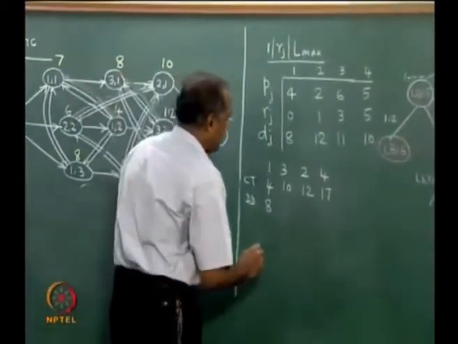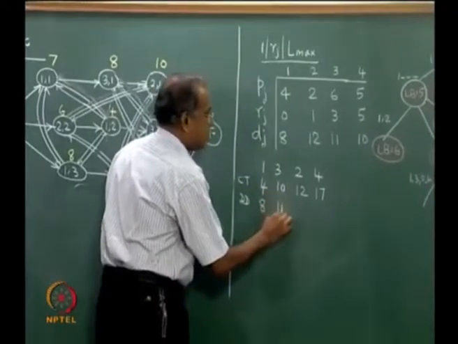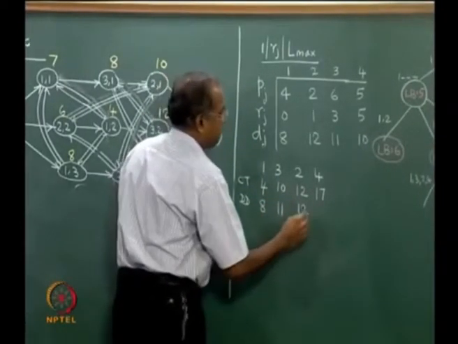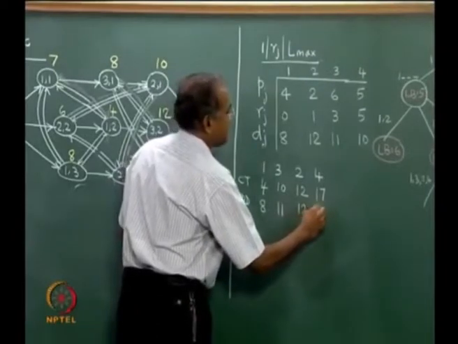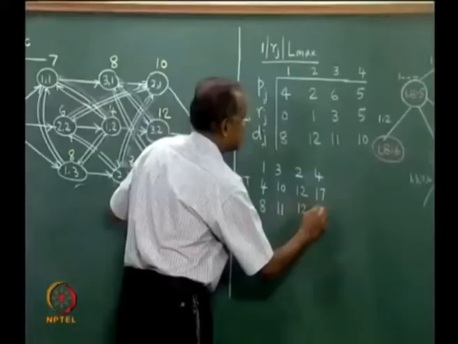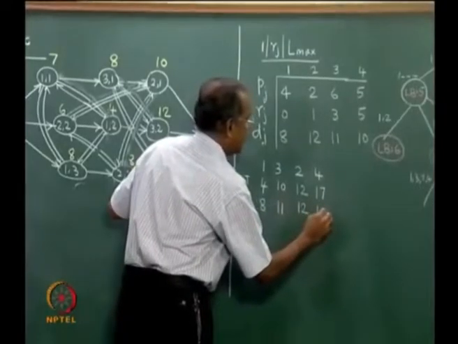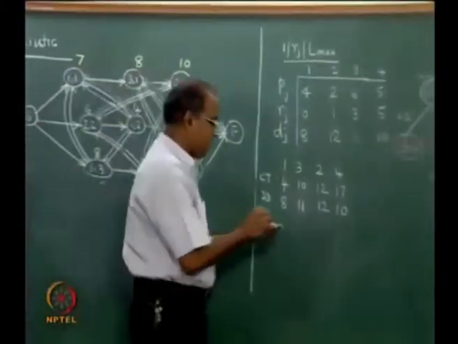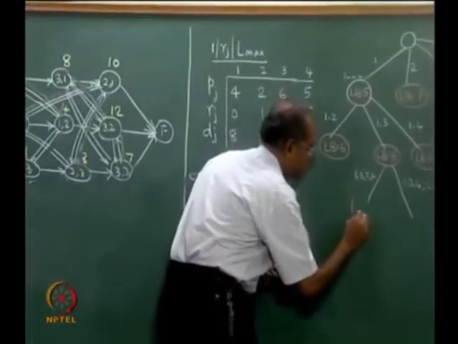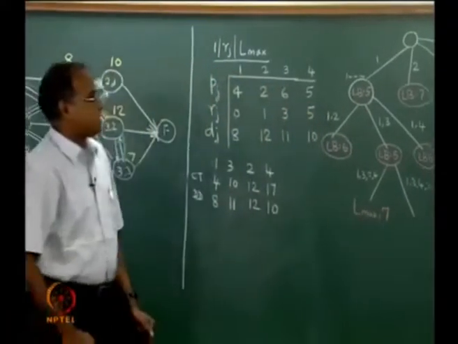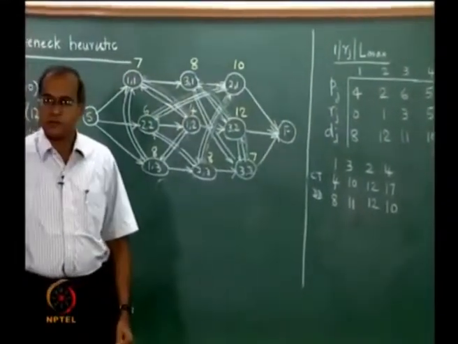Now, the due dates are 8, for 3 it is 11, for 2 it is 12, for 4 it is 10. So, L max is equal to 7 for this sequence.